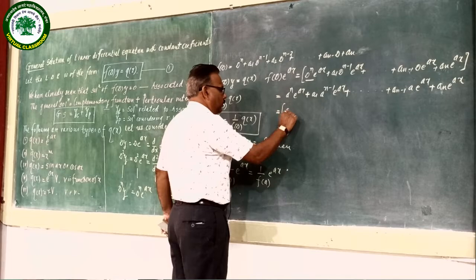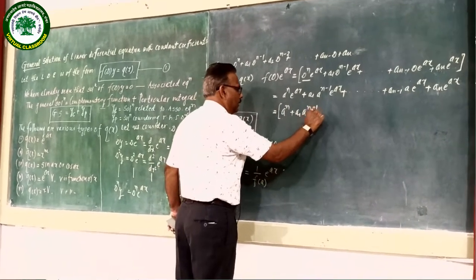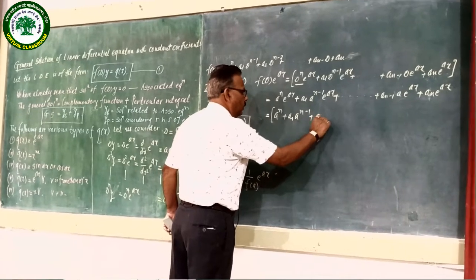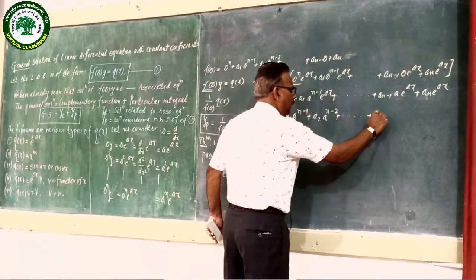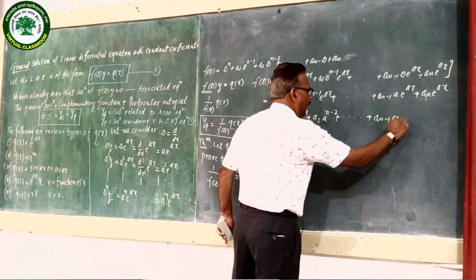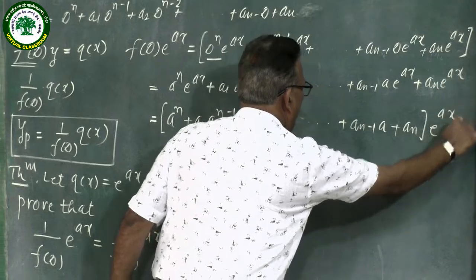Therefore a raised to n plus a1 a raised to n minus 1 plus a2 a raised to n minus 2, plus continuing in this way a n minus 1 into a plus an, taking e raised to x as common factor.